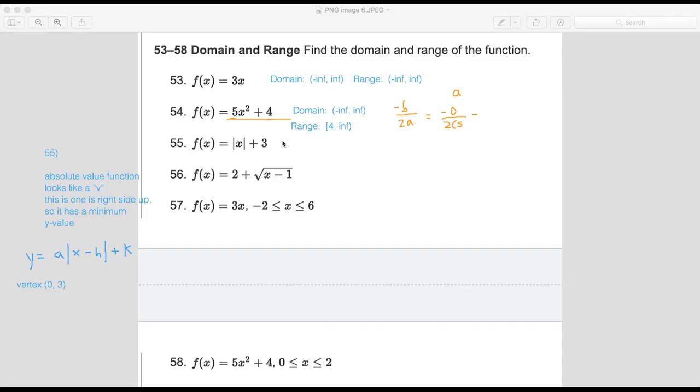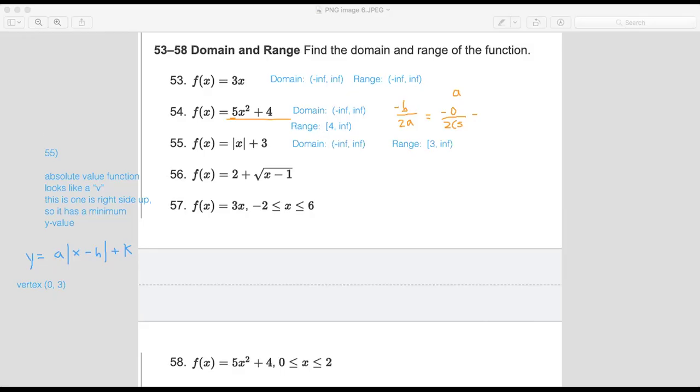So to put this all together with domain and range, the domain is all real numbers because you could plug in anything you want for that, and it's going to be the same for all absolute value functions. The range will start at 3 and go up to infinity.